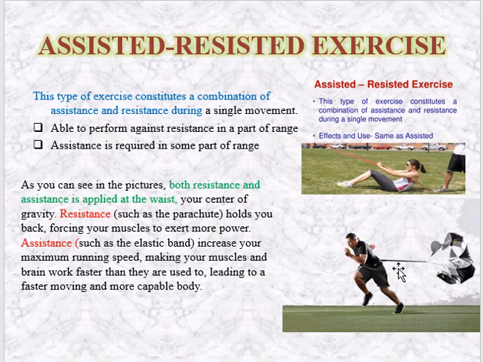Resistance, such as a parachute, holds your back and forces your muscles to exert more power, and assistance, such as an elastic band, increases your maximum running speed, making your muscles and brain work faster than they are used to, leading to a faster moving and more capable body.